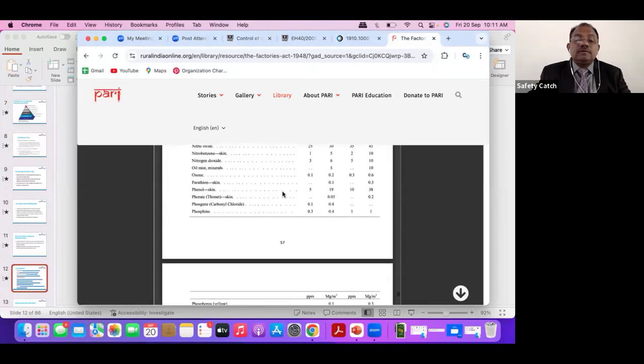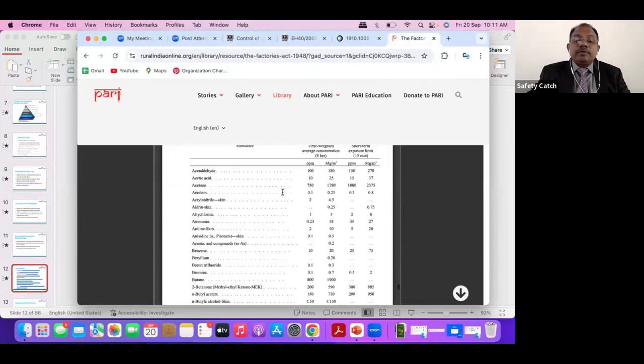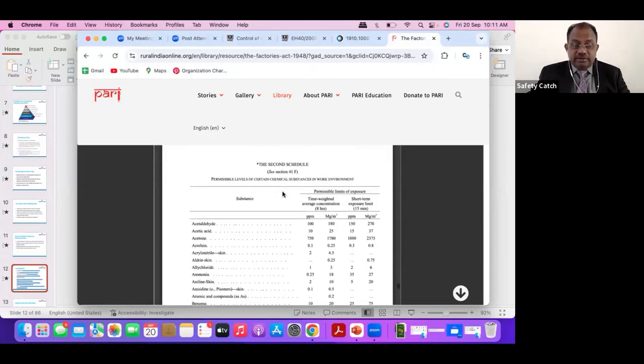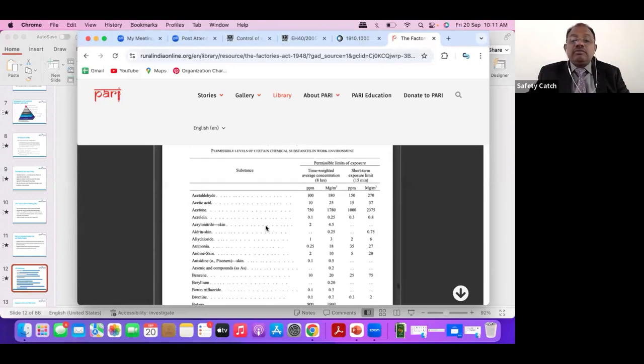You can see here the permissible exposure limits in the second schedule of the Indian Factories Act. If somebody is working in India, you can note down, it is in the second schedule and it is also covered in section 41F. Mainly we generally follow this one, with ppm for 8 hours and 15 minutes, and normally it is based on the UK standards.